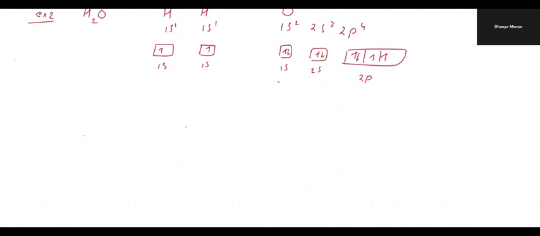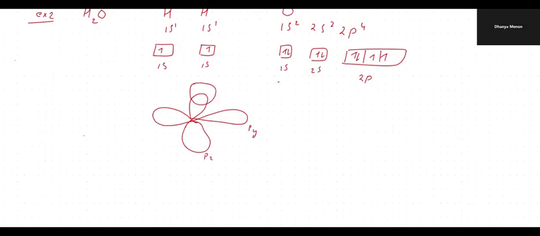You can consider the two p orbitals of oxygen. They are half filled. They can overlap with the 1s orbital of hydrogen, right? So suppose I take this as pz, and suppose I consider this as py. They have unpaired electrons, so they will overlap with the 1s orbital of hydrogen. This is the s orbital of hydrogen.